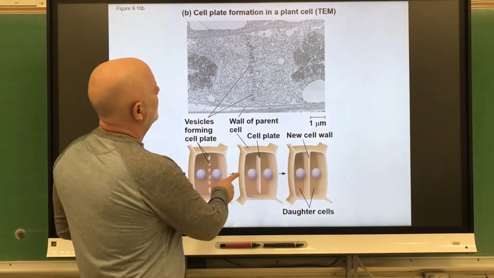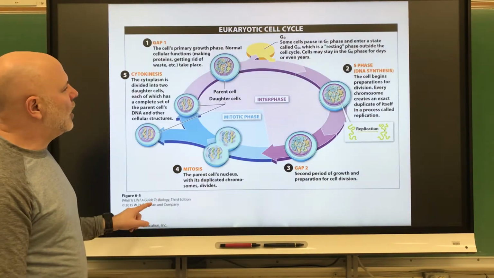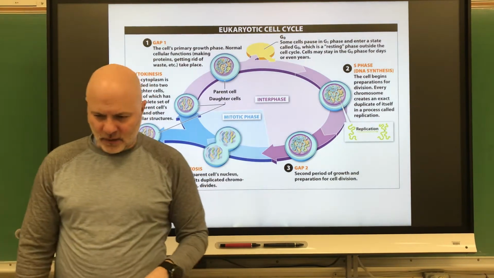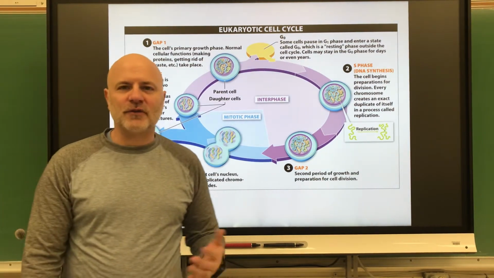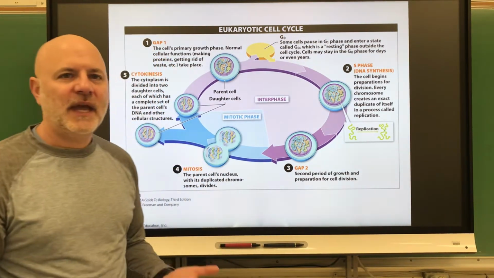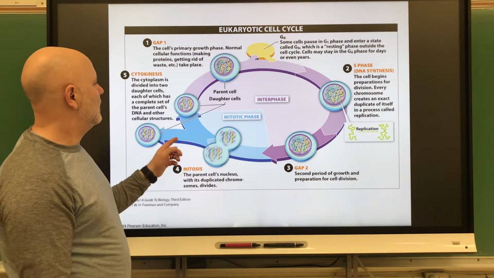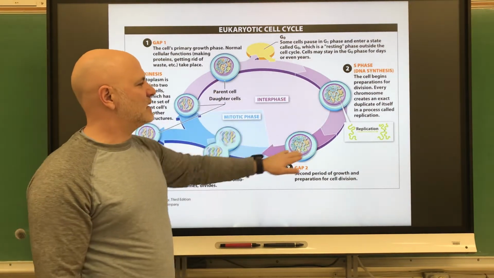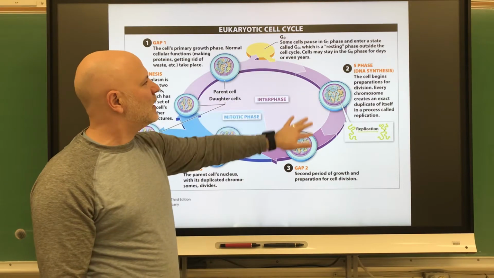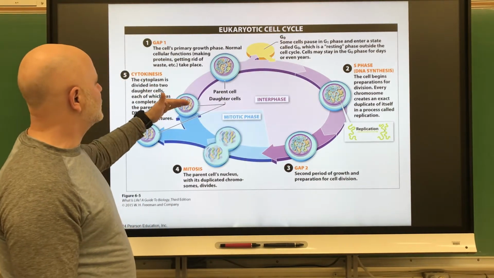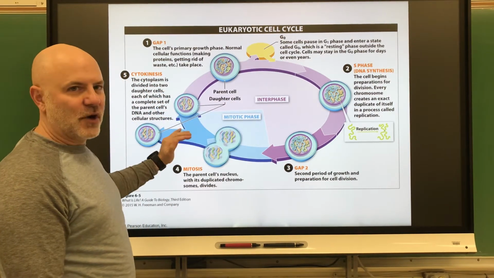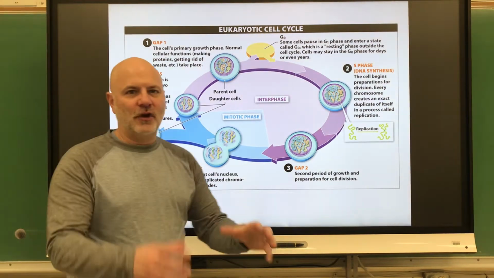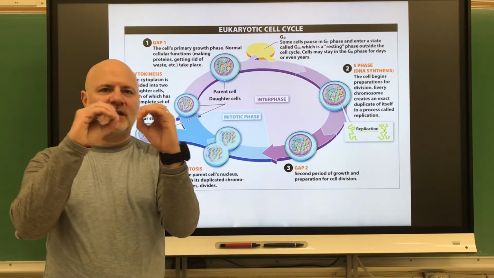All right, now let's move on to the cell cycle. The cell cycle is a repeating cycle of cell growth and cell division. This is looking at the entire cell cycle. We're going to start right after mitosis has occurred. If we have one cell, it's going to divide into two cells.